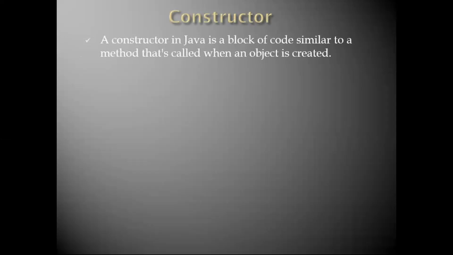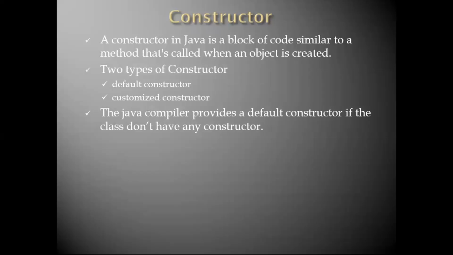A constructor in Java is a block of code similar to a method that's called when an object is created. Agree with me? Yes. Now there are two types: default constructor and customized constructor. Java compiler provides a default constructor if the class doesn't have any constructor. As discussed.